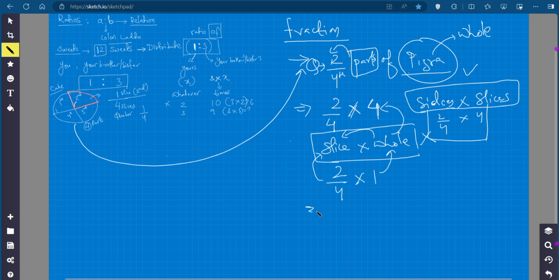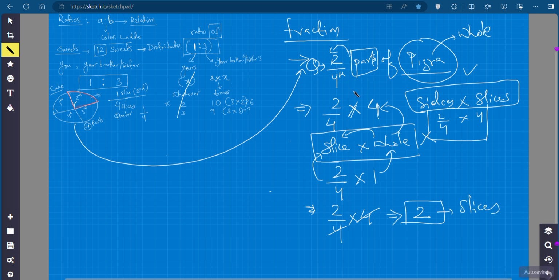Now let's simplify. 2 by 4 parts of the whole pizza is, 4 cancels each other. I am left with 2. What is 2? We were solving using slices, so 2 is a slice.